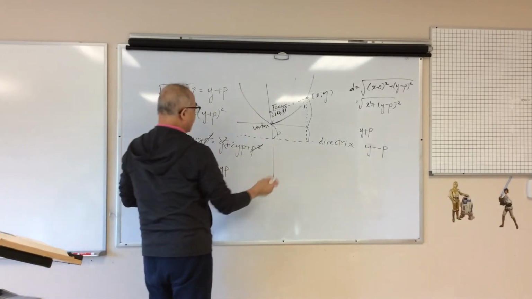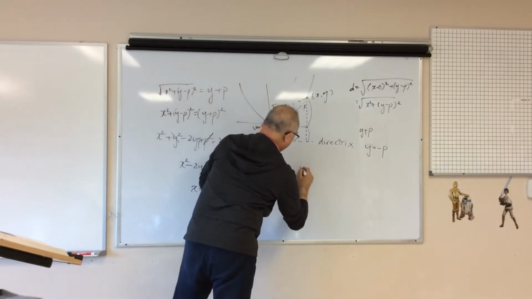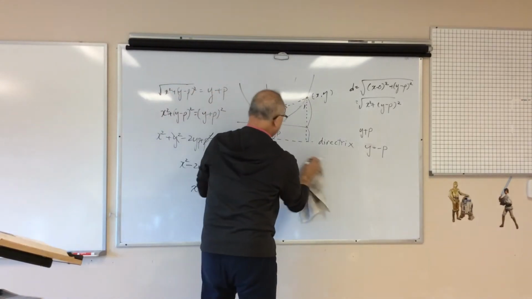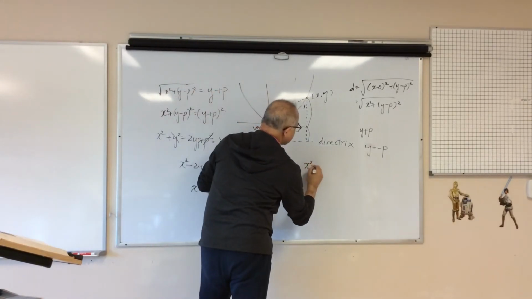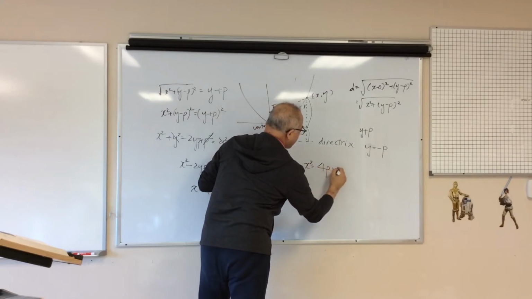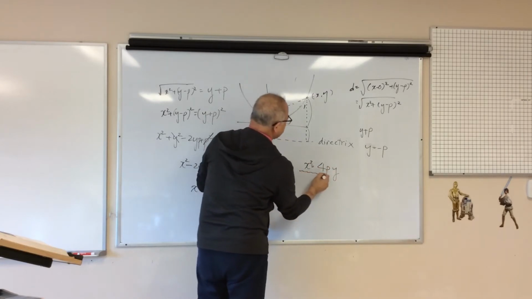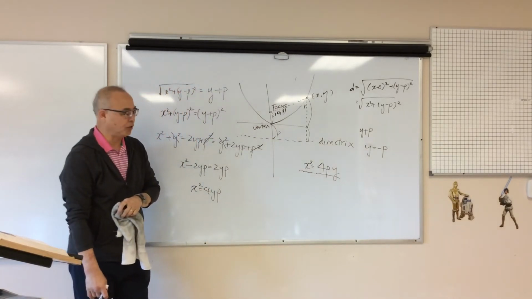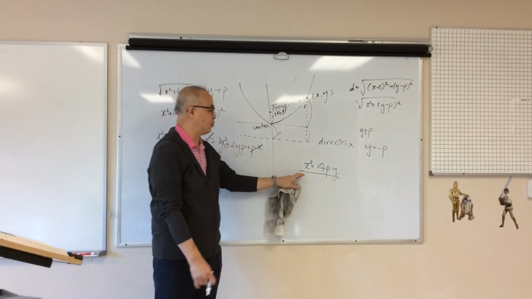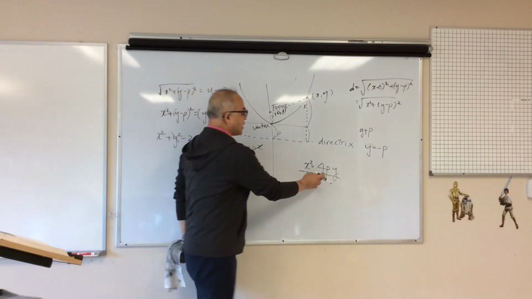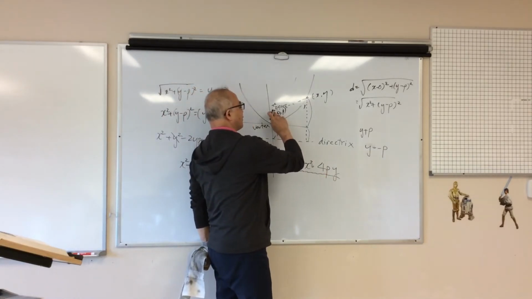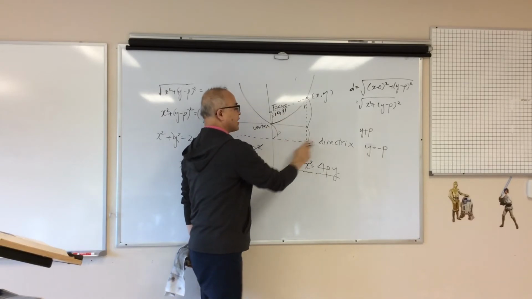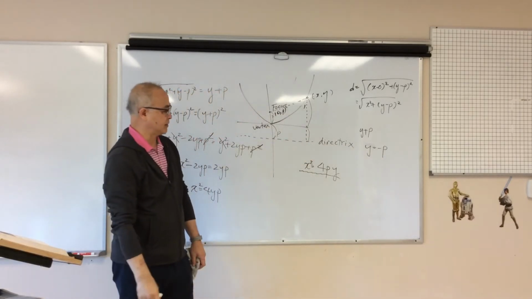In other words, x squared is equal to 4py, and this is the new parabola equation for you. This is the new way we're going to look at it. The p is the distance between the vertex and the focus, which is the same distance between the vertex and the directrix.